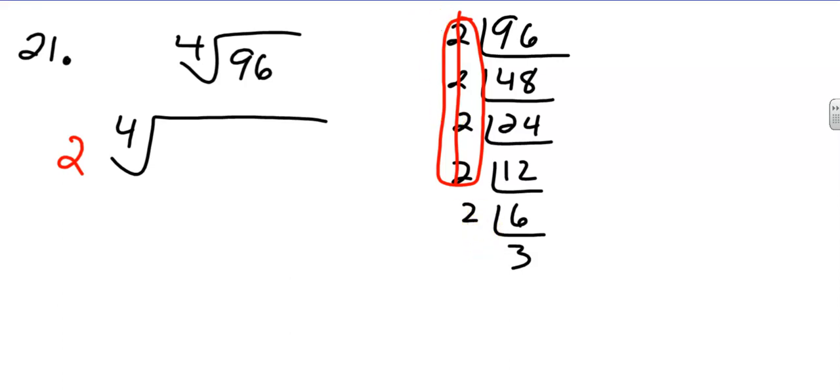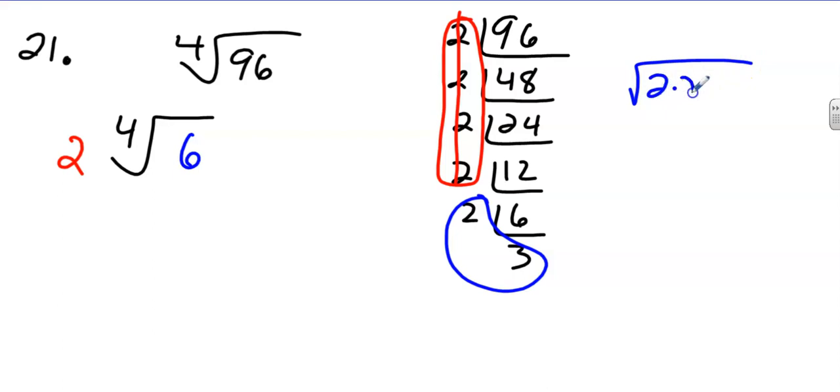So that 2 and 3, we're going to multiply together and leave it on the inside. Again, with the fourth root, taking out the four 2s, we get that 2 that goes on the outside and that 2 times 3 is left on the inside.